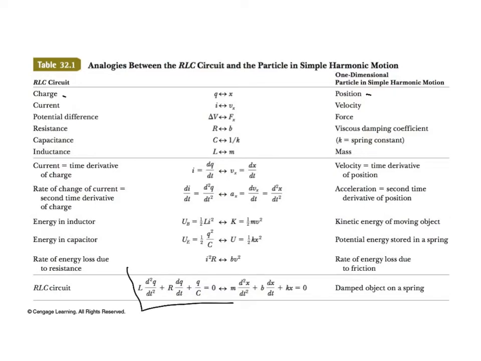So this is where we got that we could use our solution for our damped harmonic motion to talk about how the charge moves back and forth in this circuit. So it oscillates if we've got the right relationship between R and L and C. So let's look at an example with that.